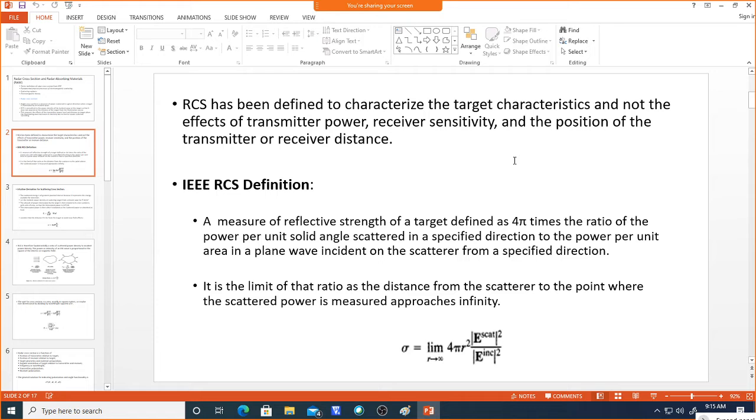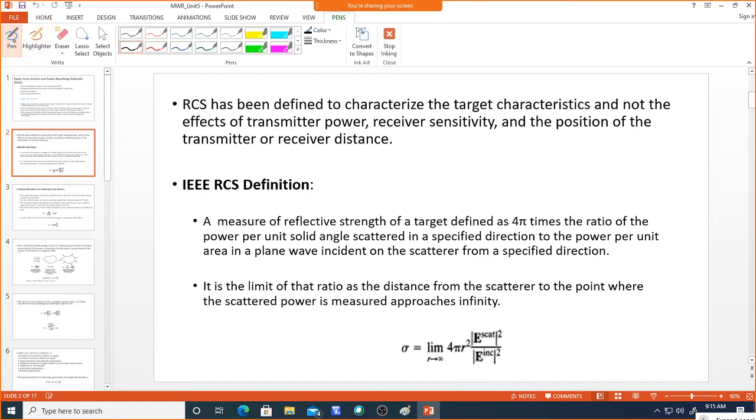Another method is, instead of reflecting the power in the same direction as the incident wave, you scatter the energy in other directions, so that our radar system cannot be found.